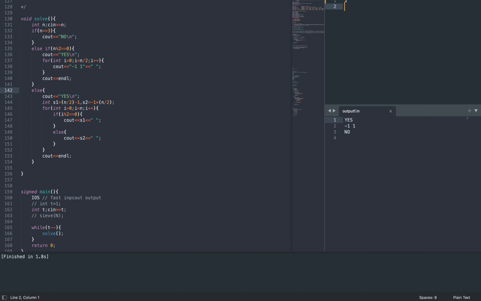For example we are taking 5 and 7, then you can see here the answer exists and the array is 1 minus 2 1 minus 2 1 and the sum of the whole array is minus 1 and any adjacent pair sum is minus 1. Here the sum of the whole array is minus 1 and any adjacent pair sum is minus 1.